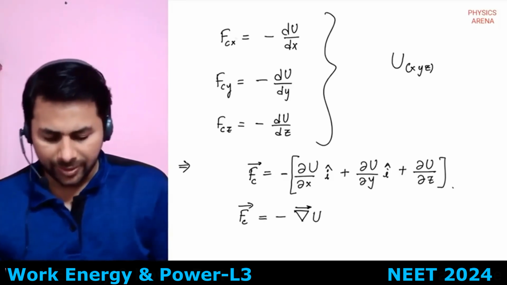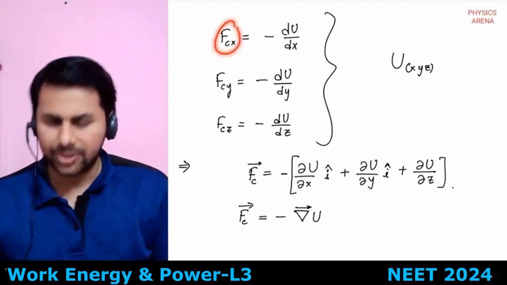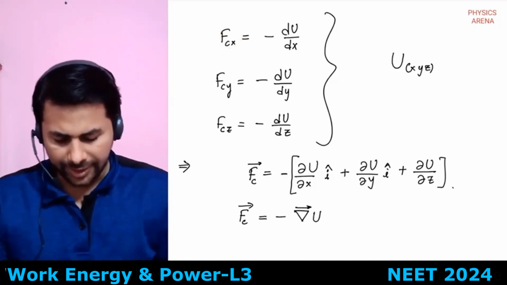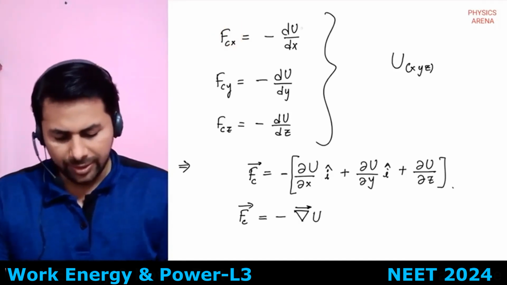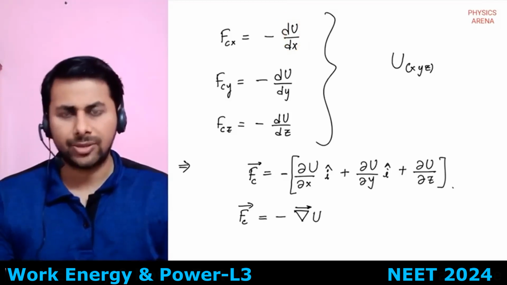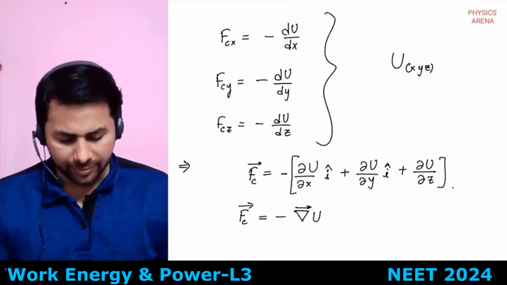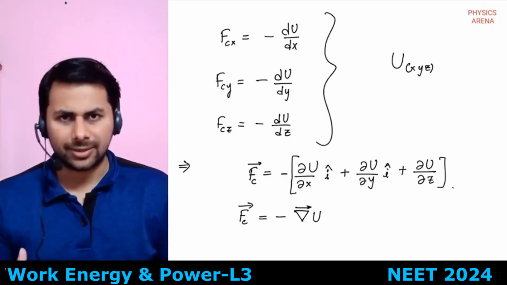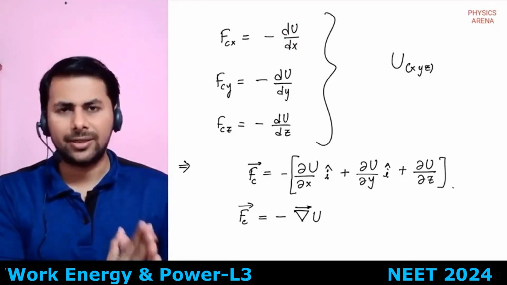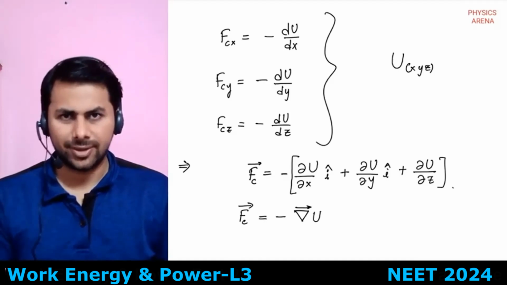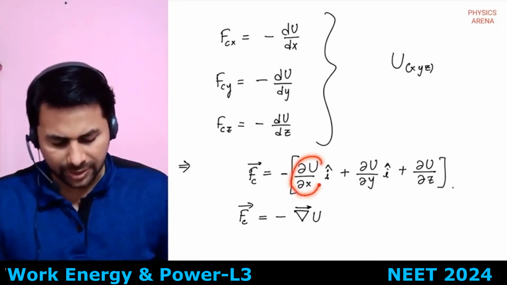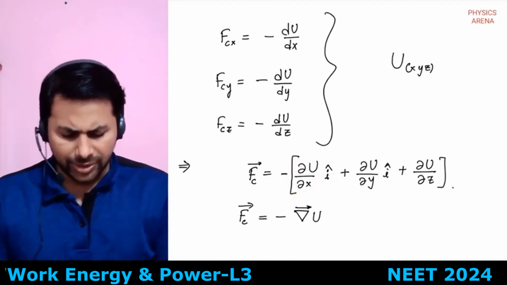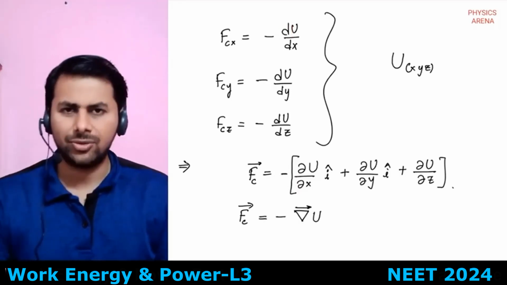If I want to find the x component of this conservative force, Fcx, then I will take the partial derivative of u with respect to x. What does that mean? If I am taking the derivative with respect to x, then y and z are treated as constants. We don't write it like du by dx.